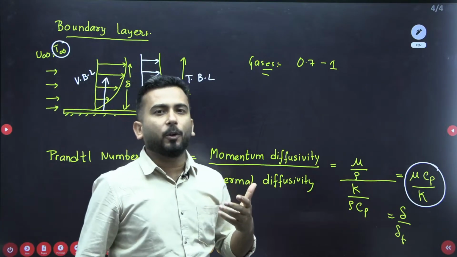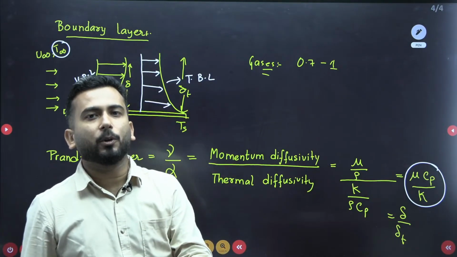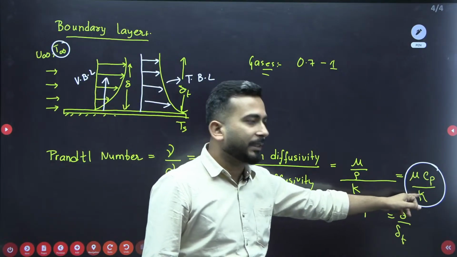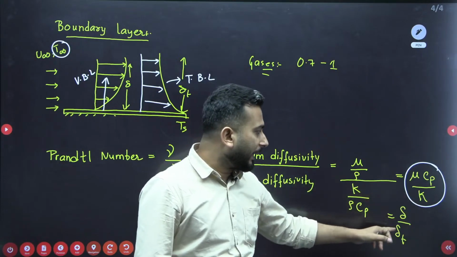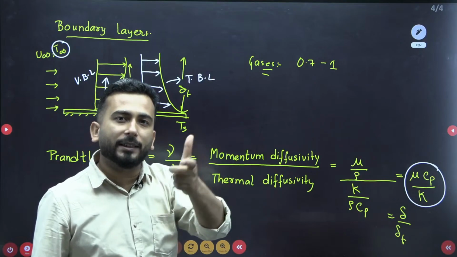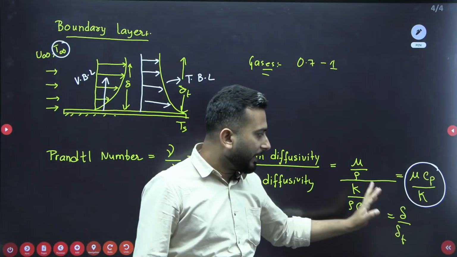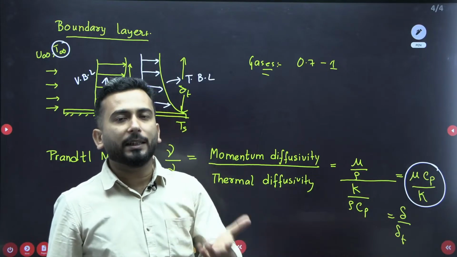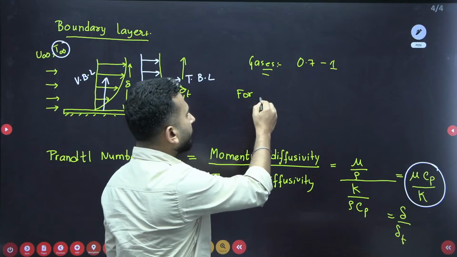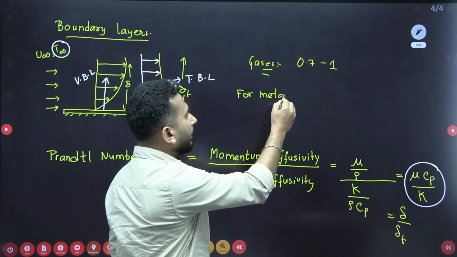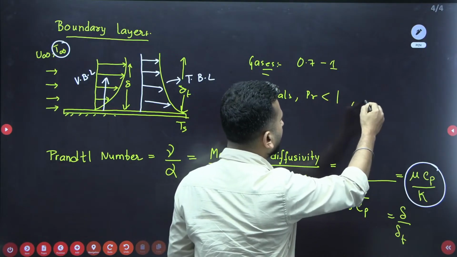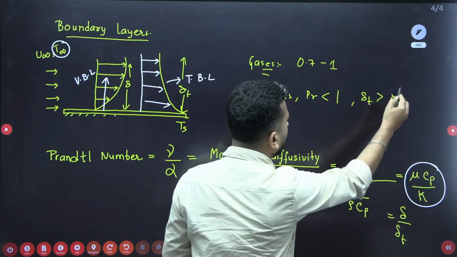Now for highly conducting materials, for metals, K is very high. When K is very high, the value will come out to be very small, 0.000 something, and I can very easily say that delta T is more than delta. For metals, the Prandtl number comes out to be less than 1, and delta T is more than delta.